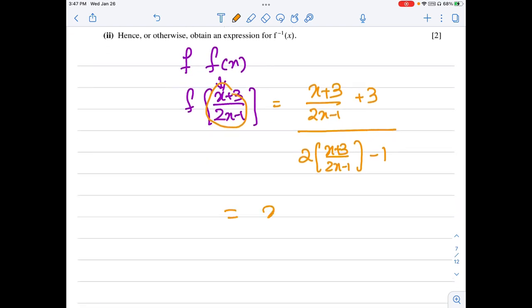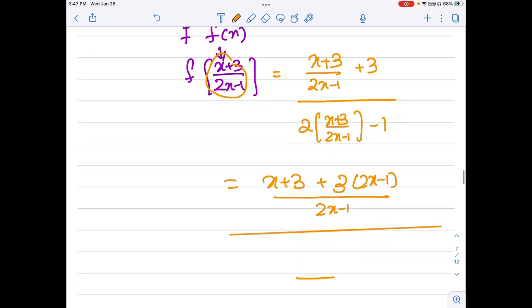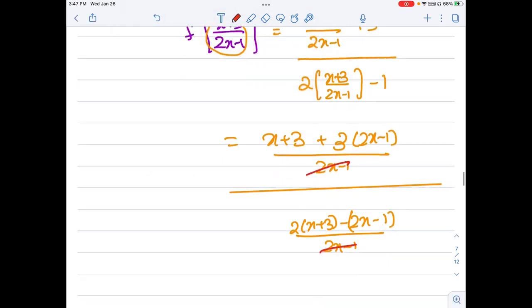Now take the numerator LCM or the common denominator, 3 times 2x minus 1 upon 2x minus 1. Then 2x minus 1, 2 times x plus 3 minus 2x minus 1. I can see that 2x minus 1, 2x minus 1 gets cancelled.